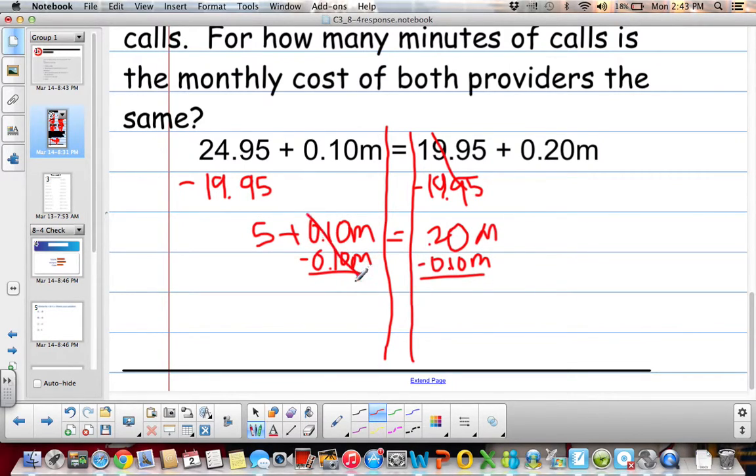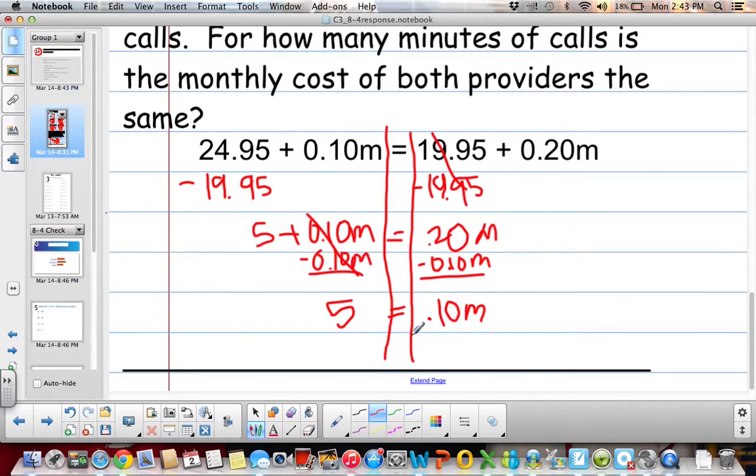So that cancels out. We have 5 equals, and then 0.20 minus 0.1 would be 0.10 or 10 cents a minute. Equals 5. So this is asking us how many minutes of calls is the monthly cost the same.